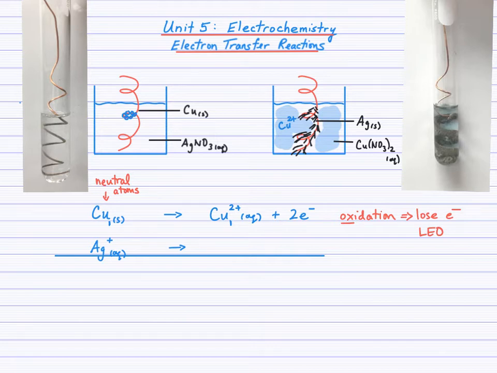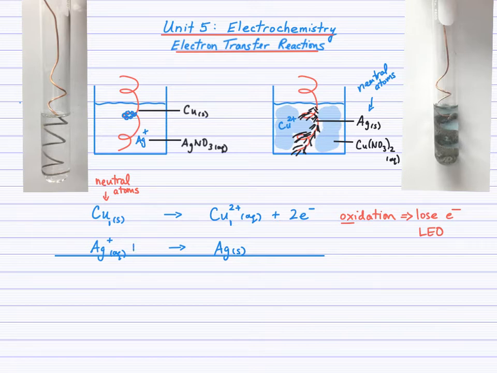Now what's happening on the silver side of things? Well, originally we had silver nitrate in solution, and so we had silver ions. And now we have formed, as you can see right here, neutral atoms. Again, a metal as a solid are neutral atoms. And so those silver ions have become silver atoms. So, have these silver ions gained or lost electrons?